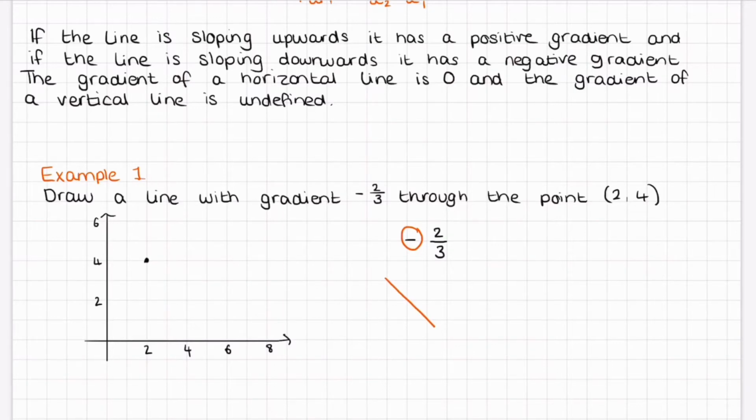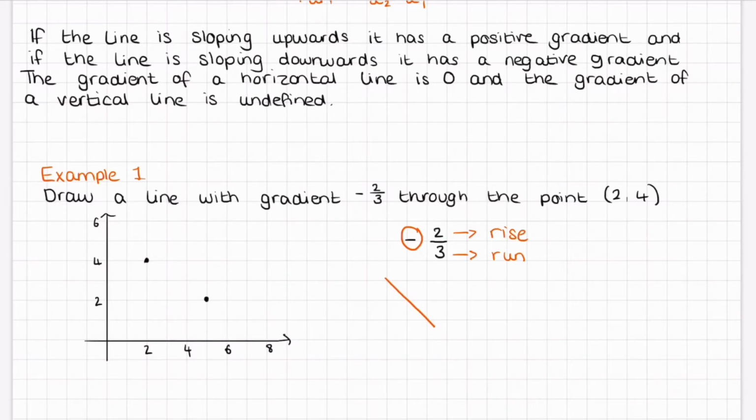Now, we don't have any other coordinates, so this means that the 2 is our rise and the 3 is the run. So it's going to be moving 3 steps horizontally and 2 steps down. From here, we can plot some more points. From the point 2, 4, it's got a run of 3, so 1, 2, 3, so that will go to 5, and it's going down by 2.